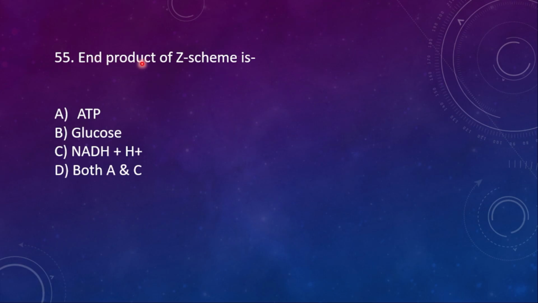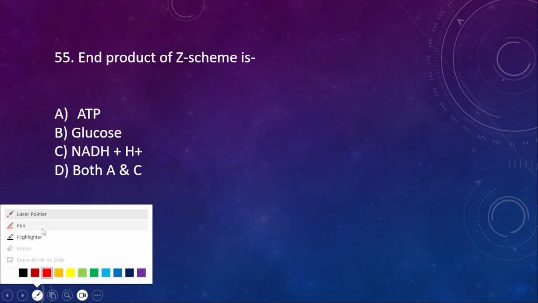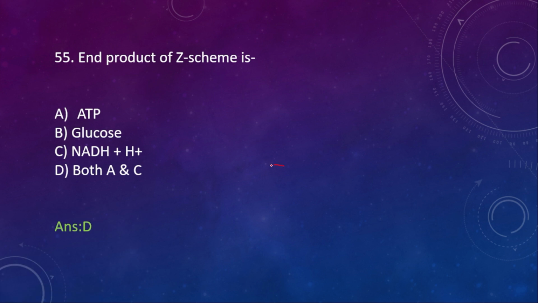55. End product of Z scheme is: option A, ATP; B, glucose; C, NADP plus H plus; and D, both A and C. Here the right option is option D, both A and C. I will show you how. See, this is PS2 and this is PS1.